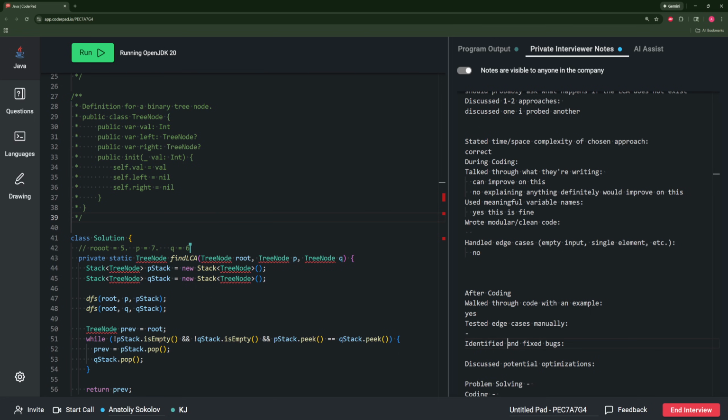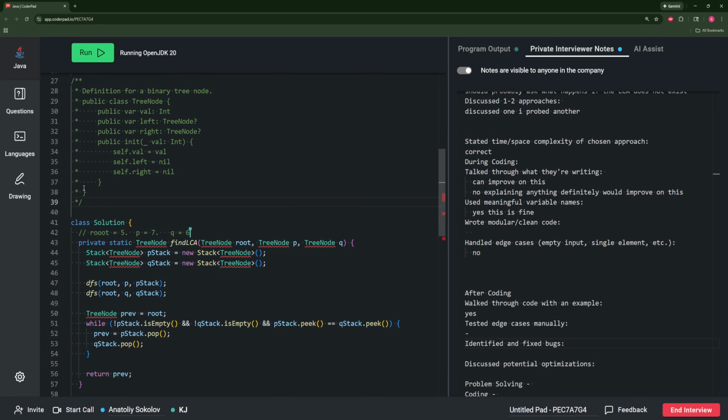So we are initializing the stack, and then we are calling DFS on both P and Q in order to form the path to the root. So let's see how that works.